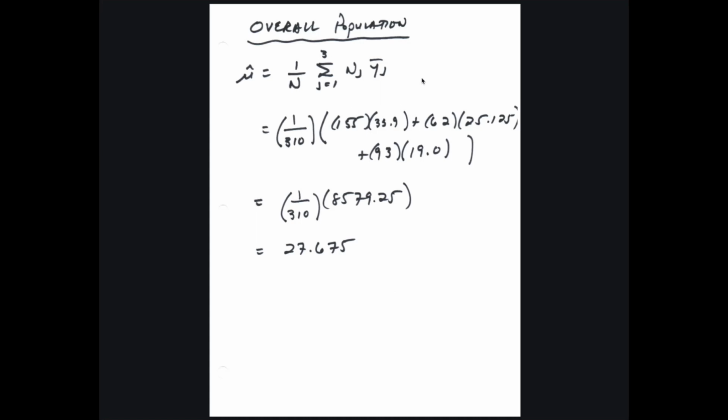Again, this is a weighted average of the means of the samples from each of the 3 strata, the weight factor being the stratum sizes. When we do this calculation, we get 27.675 hours. So our point estimate for the average number of hours spent per week watching television across the entire population, this entire county, is 27.675 hours per week.